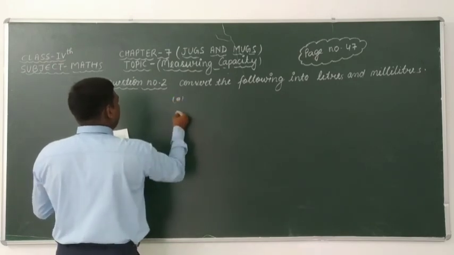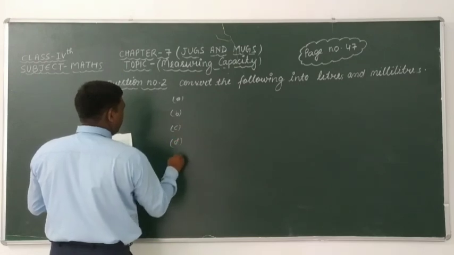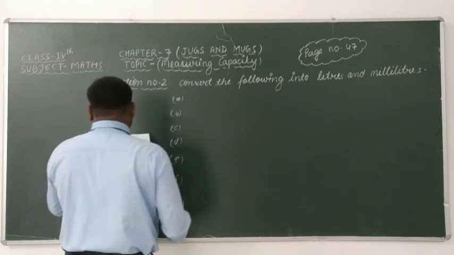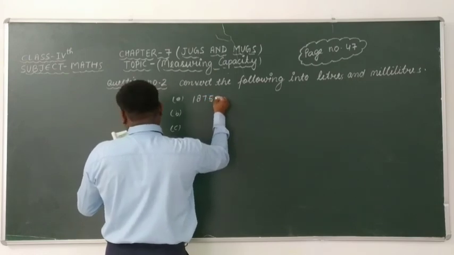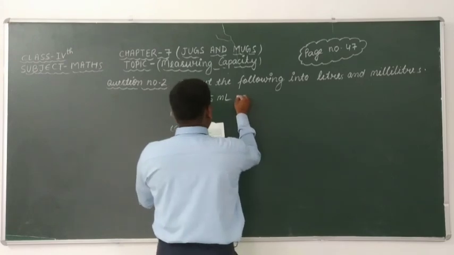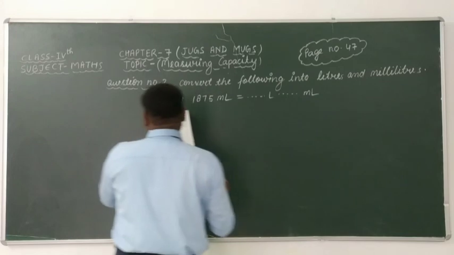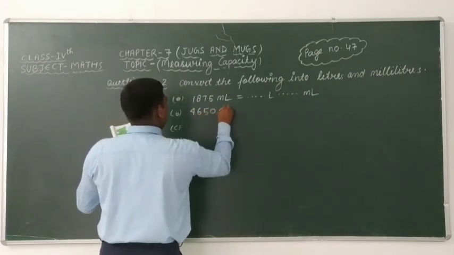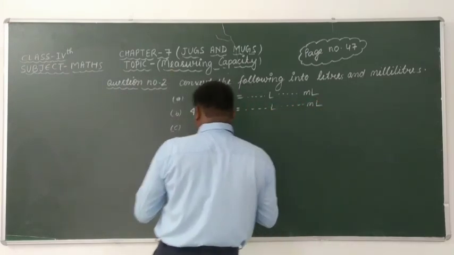A, B, C, D, E, F and last G. Here given is 1875 milliliter. It means 1875 milliliter is equal to how many liter and how many ml? 4650 milliliter is equal to how many liter, how many ml?